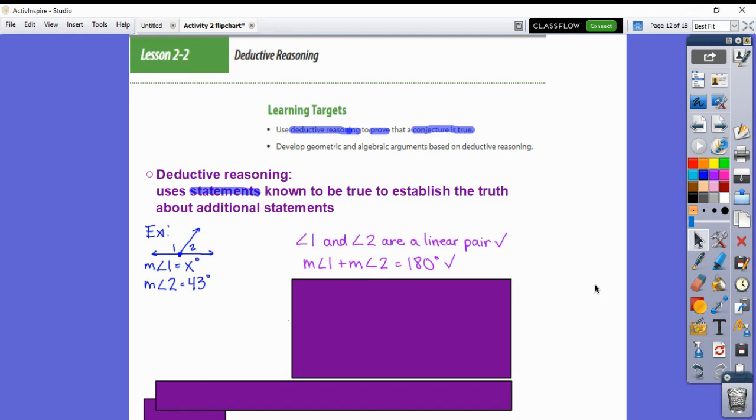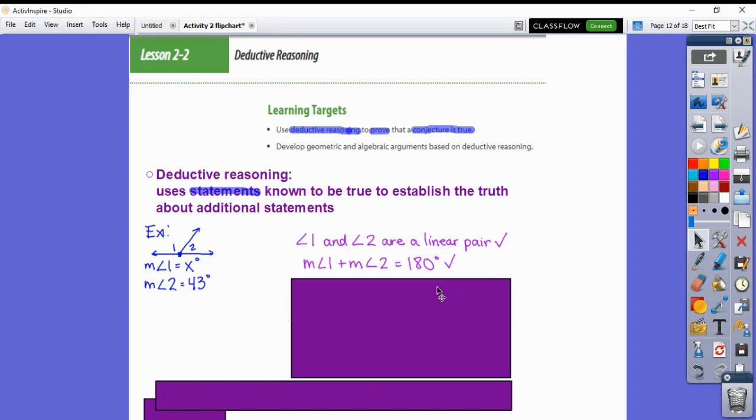So then we would think, okay, what do we know about supplementary angles? Those are two angles whose measures sum to 180 degrees. So if this first statement is true, then it follows that the measure of angle 1 plus the measure of angle 2 has to equal 180 degrees. That's because we know what the definition of supplementary angles is.